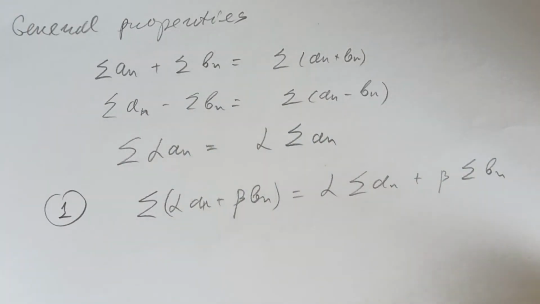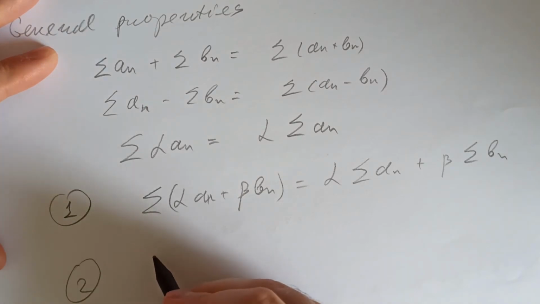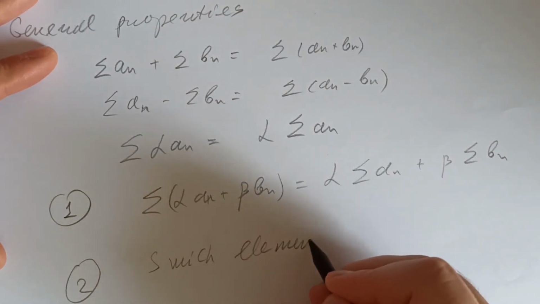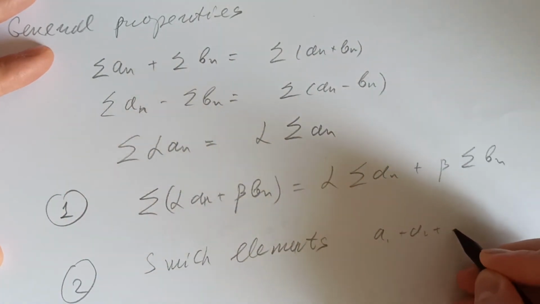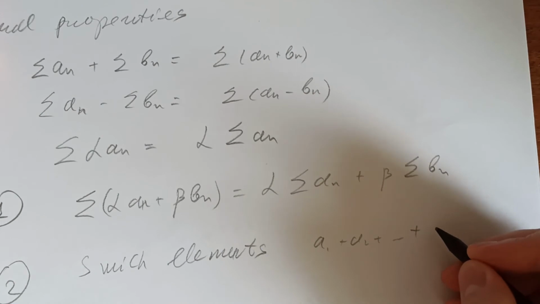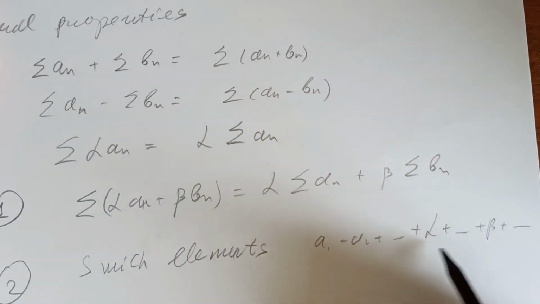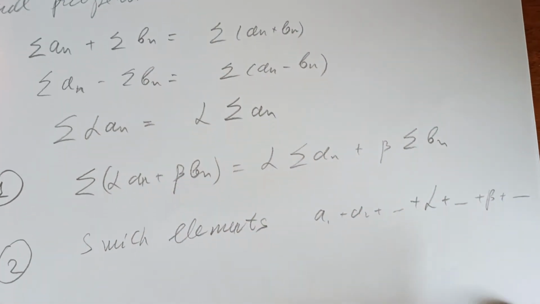Second property, if we switch places, get rid of some elements or add some finite number of elements, this won't affect convergence of the series. So we have a1 plus a2 plus so on plus some alpha plus so on plus some beta plus so on. If we switch places of alpha and beta, the sum will be the same.